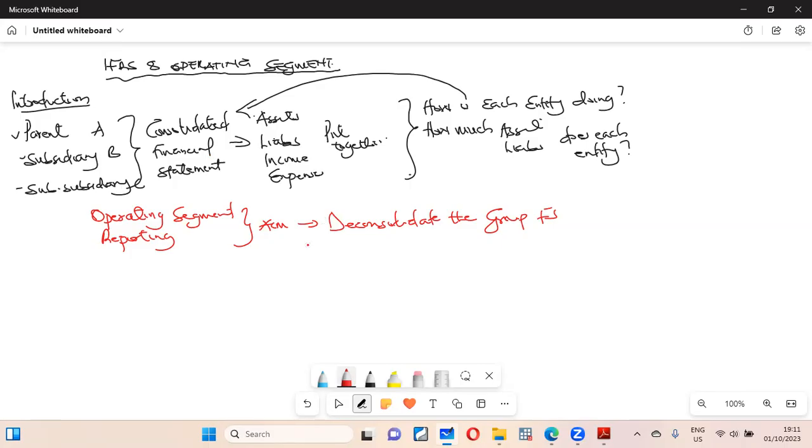Why? So that we will be able to review the significant information that is hidden when we put them together and prepare consolidated accounts. So the main aim is to deconsolidate, to review the key information, the significant information, hidden within the group.